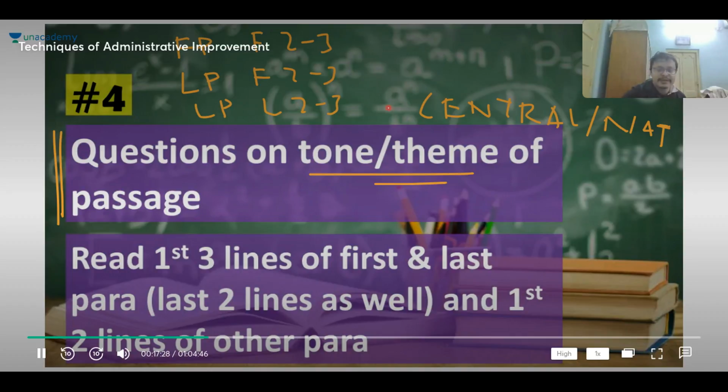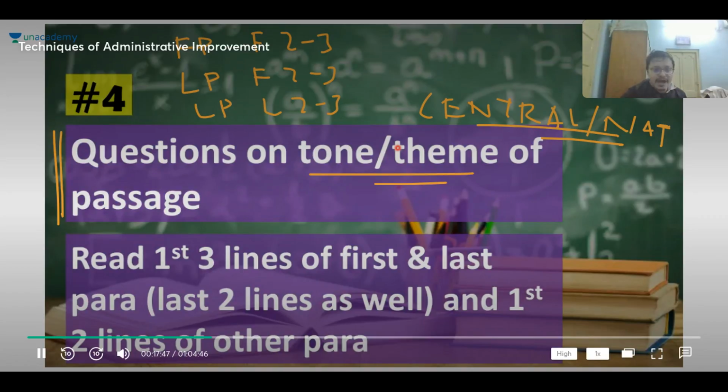That is all that matters as far as any question on tone, theme, central idea or nature of the passage. The rest of the passage is immaterial for these types of questions.